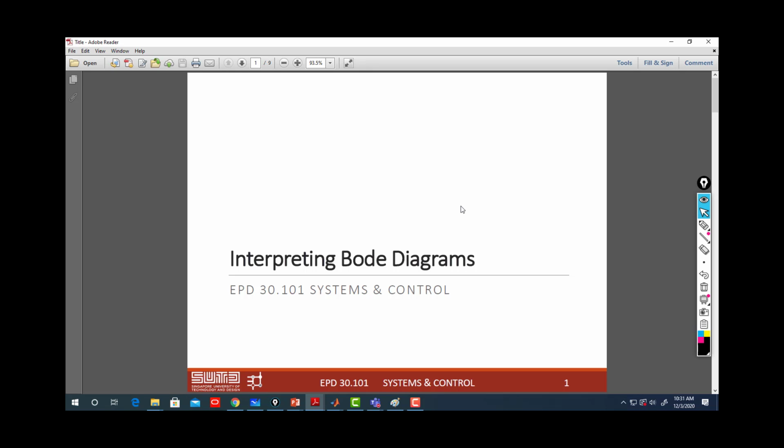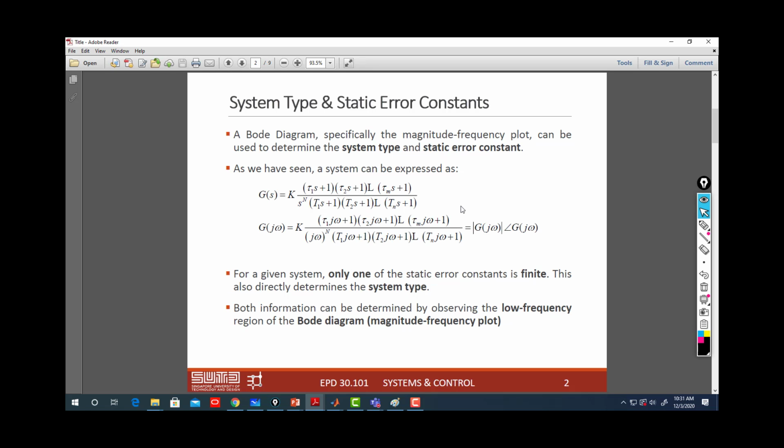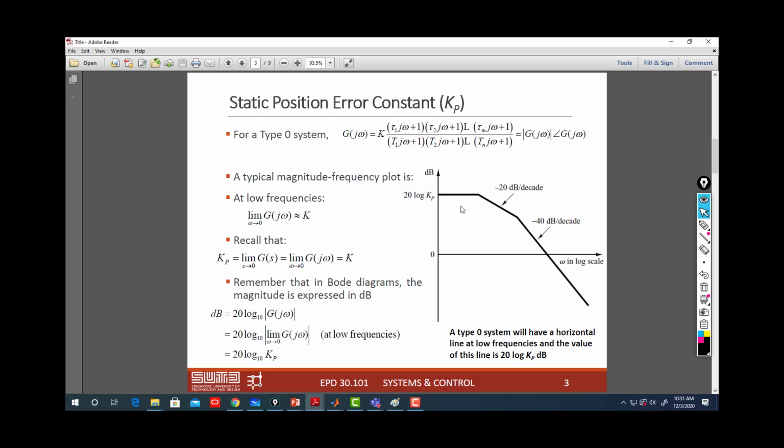So you could use MATLAB to draw root locus if I ask you to. If you upload it to me, whether you upload it as MATLAB or by hand is as you wish. But you could use MATLAB. It's all right. So, how to interpret a Bode diagram?